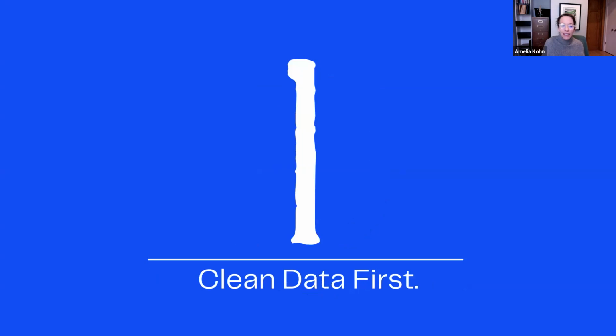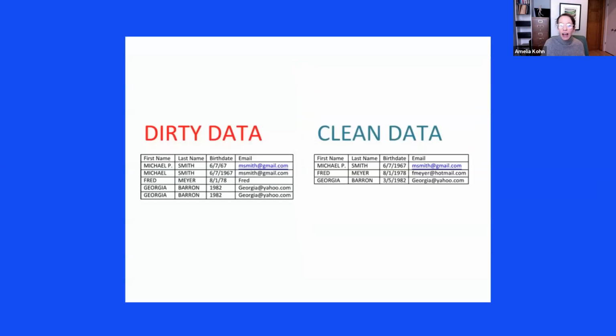Okay, number one is to clean data first. We talked about dirty data a little bit, and this one may seem obvious, but take a look at the data before you visualize it. Look for data that's missing, that's duplicated, look for any formatting issues, for example, with dates. Everything rides on the quality of your data, so don't skip this step.